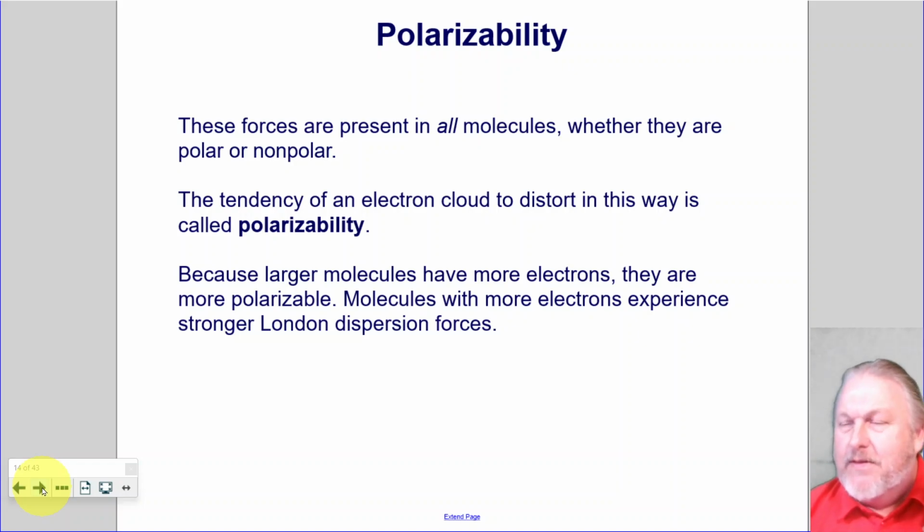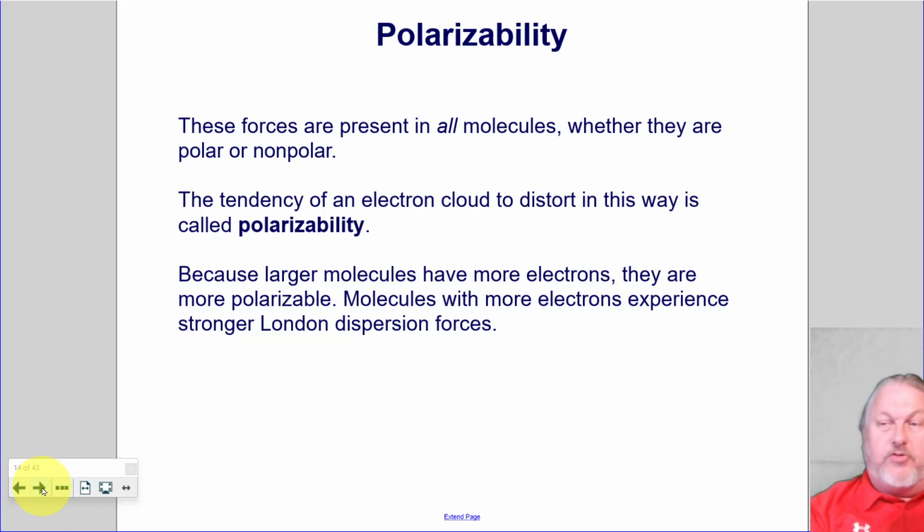We call the tendency of the electron cloud to distort itself the polarizability. Now, it makes sense. The more electrons you have, the more chance that you can induce or have an instantaneous dipole, because you've got more electrons to move to one side.